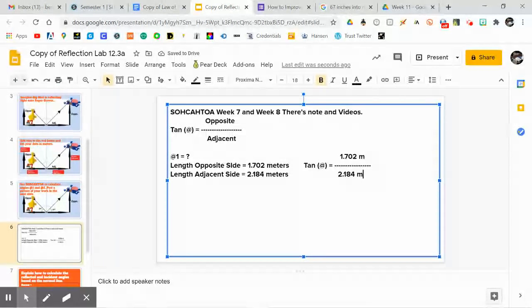Okay. And so now what do we do? Well, we just divide, everybody. That's pretty much what we're going to do. We're going to divide 1.702 by 2.184, okay? And we're going to get a result. So let's just set up the problem. And so we're going to go to our trusty calculator.